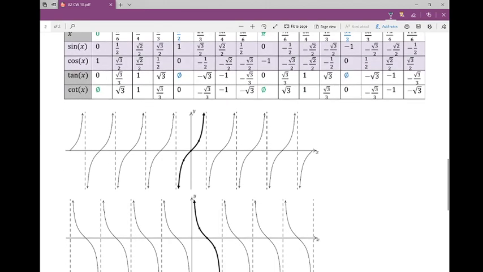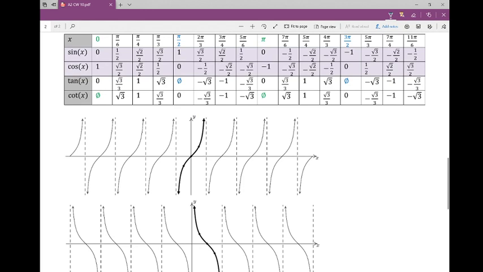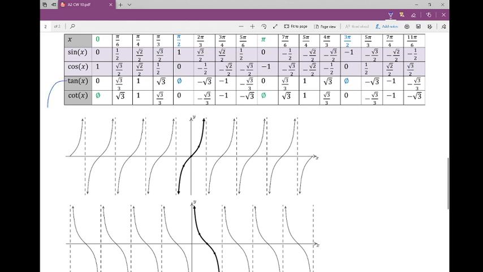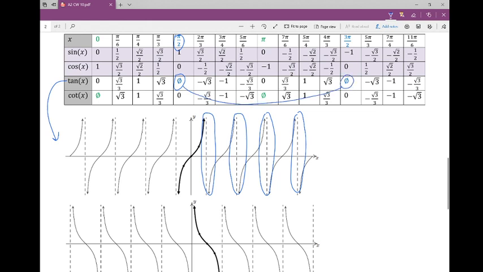When we were looking at the graph of tangent, we noted that tangent was not defined at certain values. So for example, at pi over 2, tangent was undefined. So we drew an asymptote at every radian measure where it was undefined, and we noticed that they were pi apart, which also went into the fact that the period for tangent is going to be pi.